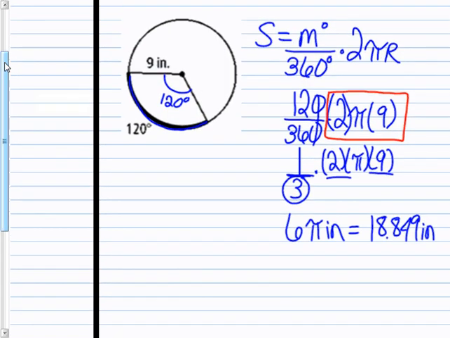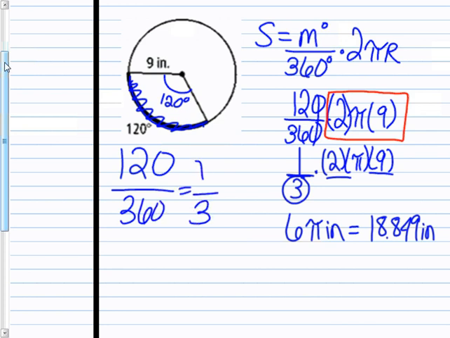For this problem, I needed just this part, which was 120 degrees out of 360 degrees, which was 1/3 of the circle. So that's why we multiplied 1/3 by the circumference formula. So don't let this seem, oh my goodness, a lot more to memorize. No, you're figuring out what portion or what piece of the circumference you need, because that's the arc length.